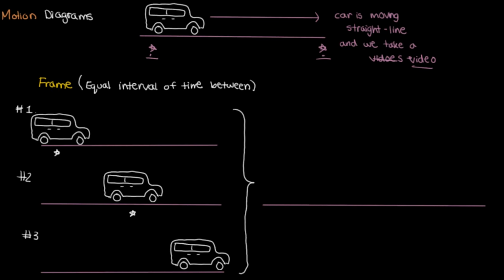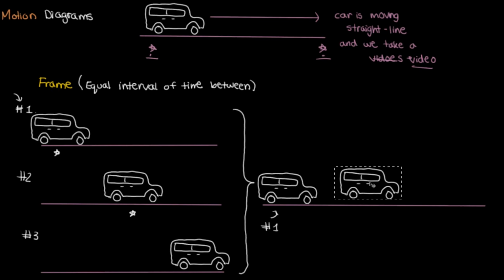So let's say that this is that same road. This road over here is the same as this road over here, all right? So those are the same roads, just to point that out. Now if we put them together, it'll look something like this. We have that first frame, frame number 1, right? It matches with this number 1 over here, where the car is at the beginning.